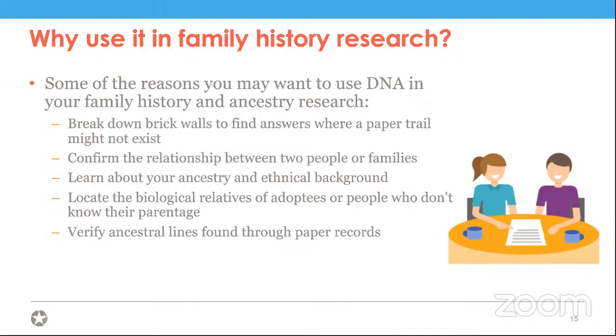So if you've worked out that you and your cousin are related on a paper trail, but you want to make sure, you can DNA test to make sure that there are connections and that one or another relative wasn't adopted earlier down the line. This would just prove that that is a strong DNA relation.